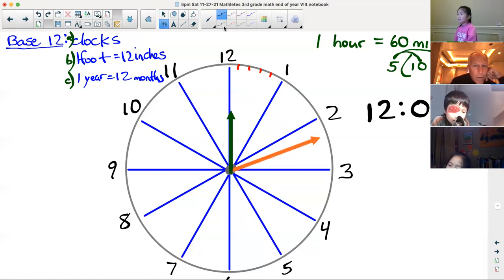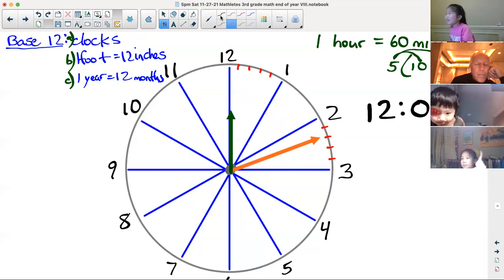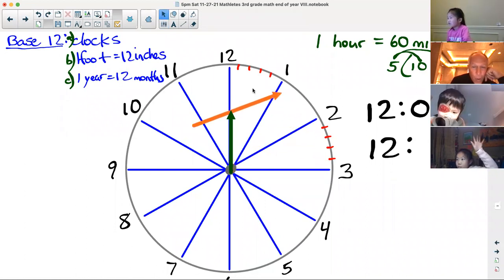And I guess what I'll do is I'll mark off the little markings for the minutes. Eleanor, can you do this one? 12 o'clock. Well, it's definitely after 12, but look at it, Eleanor.